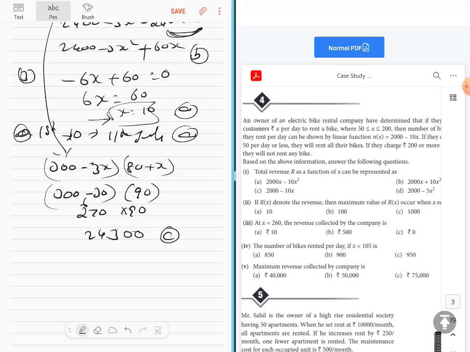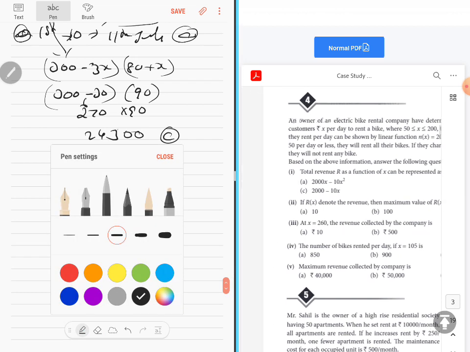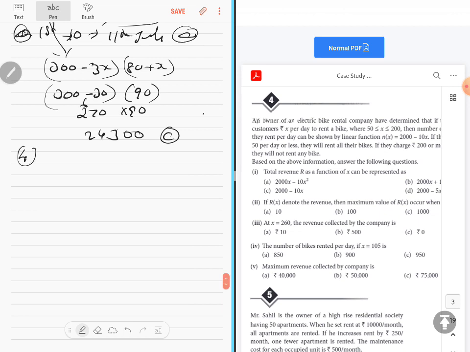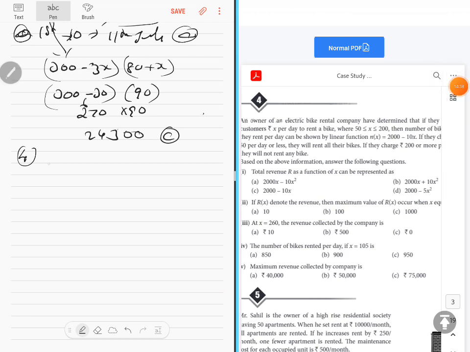This question is on page number 4. So the total revenue as a function of x can be represented as follows. The owner of an electric bike company has specified that the number of bikes n of x is equal to 2000 minus 10x.